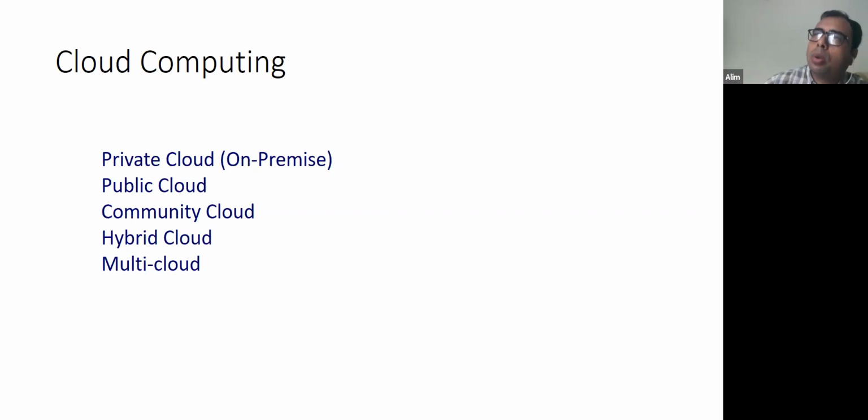They have an interface for creation or deletion of virtual machines and networking, and they use it for their own purpose. They will not rent it to others. That is why it is called private cloud.